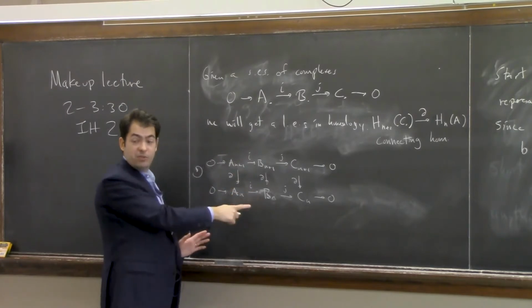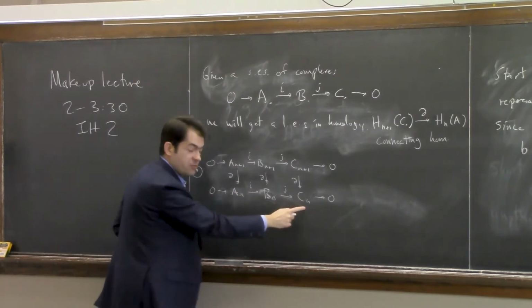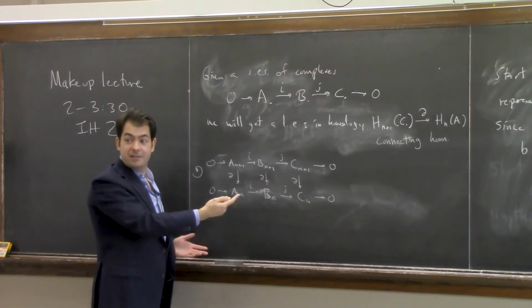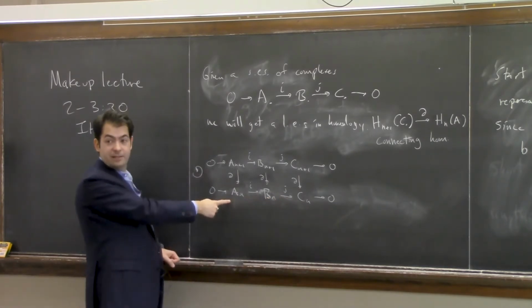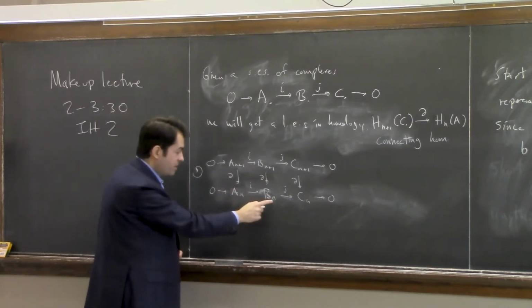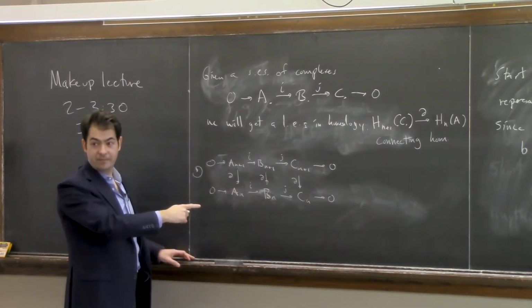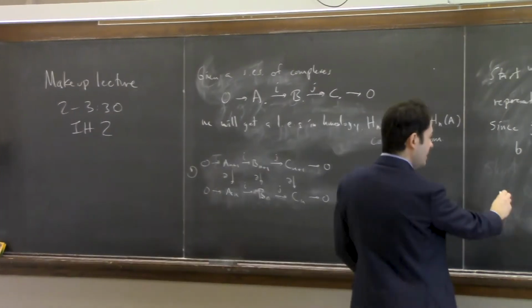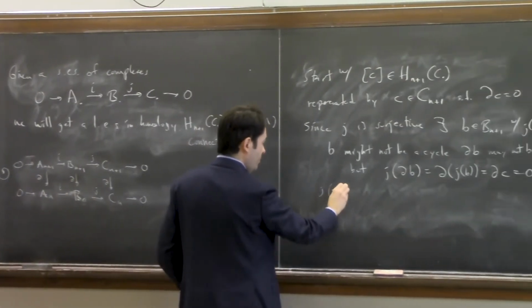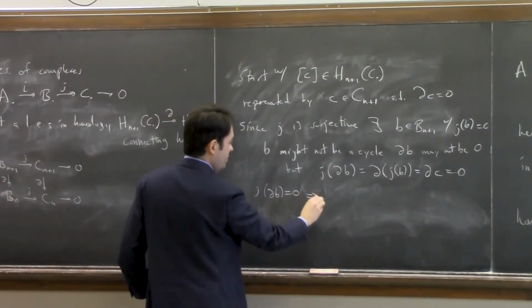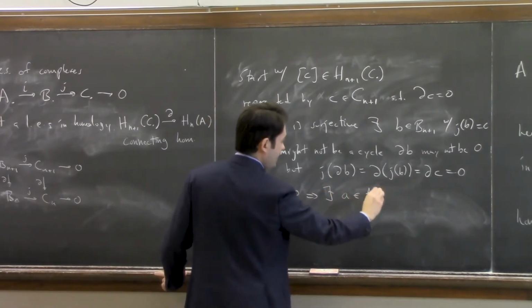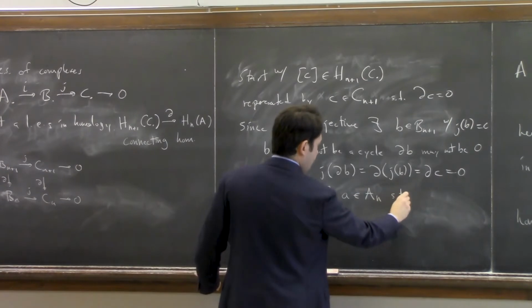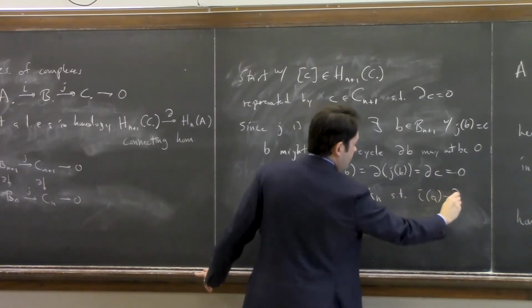It might not be 0, but we're definitely in the kernel of J. Since it's a short exact sequence, the kernel of J is the image of I. So we can definitely pull it back to somebody over here. So J of the boundary of B equal to 0 implies that there exists an A in A_n such that I of A is equal to the boundary of B.